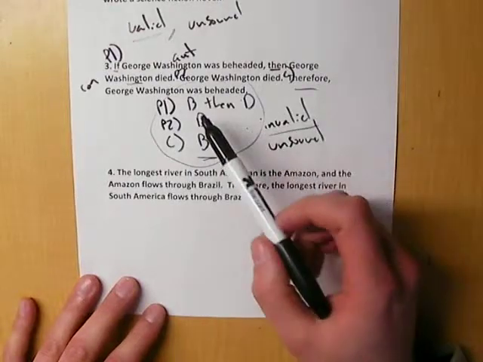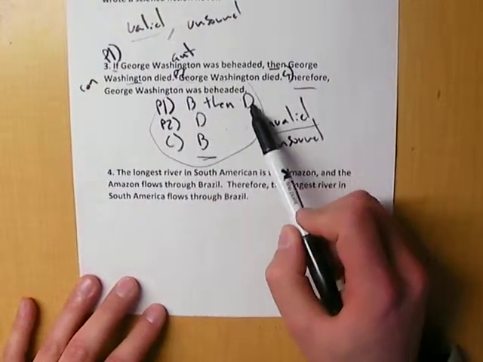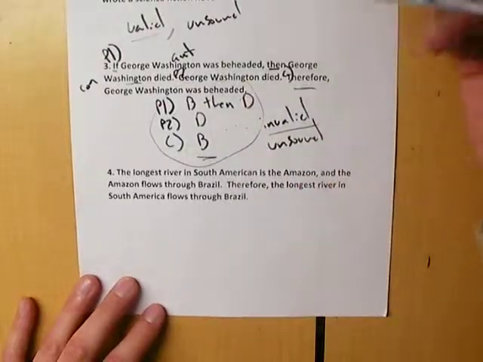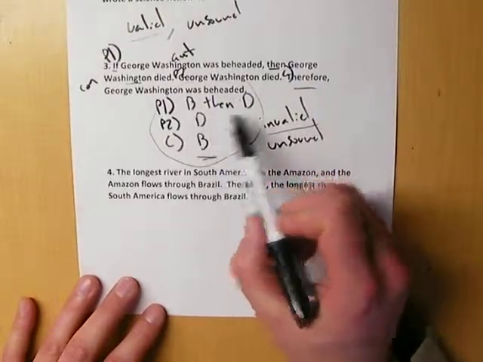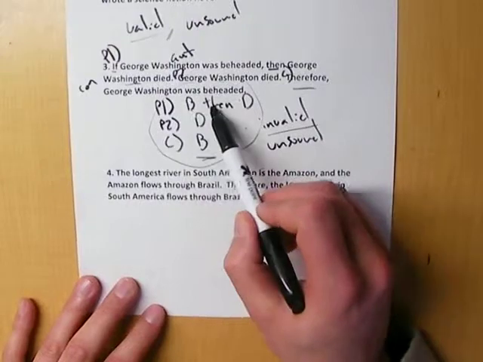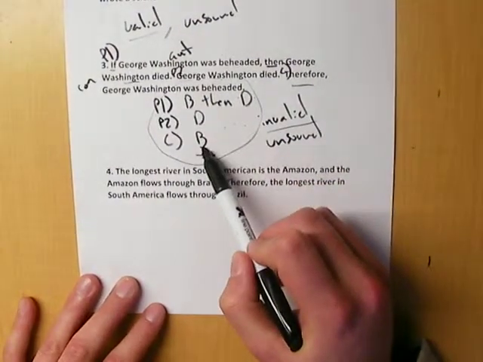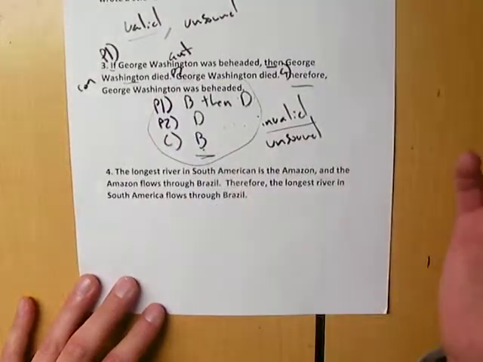If the dog barks, then the cat will run away. And I know my letters don't really make sense now for this example, but same structure. If the dog barks, then the cat will run away. The cat ran away, so therefore the dog is barking.